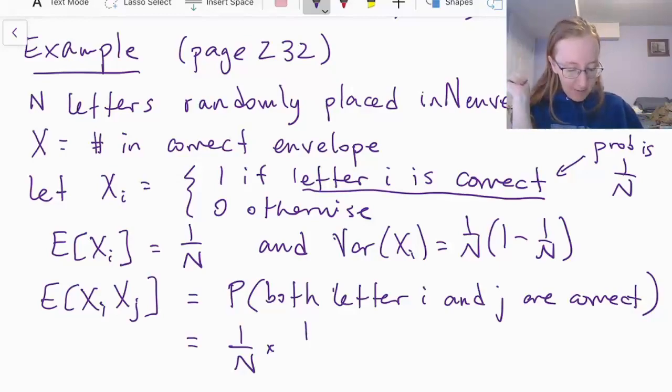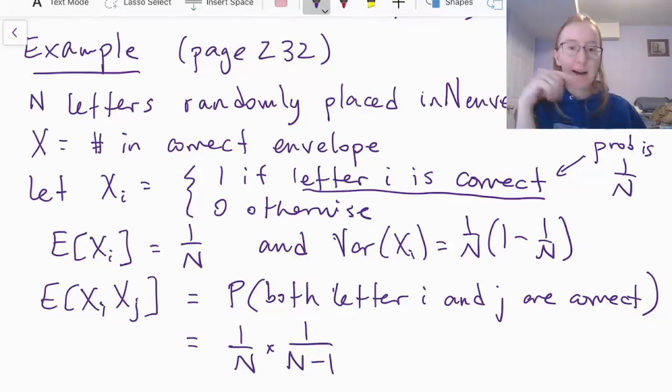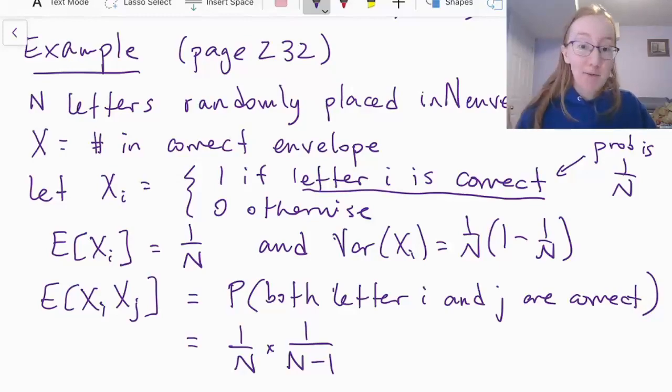So we could have 1 over n times 1 over n-1. That's a fine way of thinking about it. Or you could think about it as choosing the right 2 envelopes from the other ones in that way. But this is the easiest way to think about it. So letter I being correct, and then letter j also being correct, given that letter I was correct. You're using the product rule to get this result.